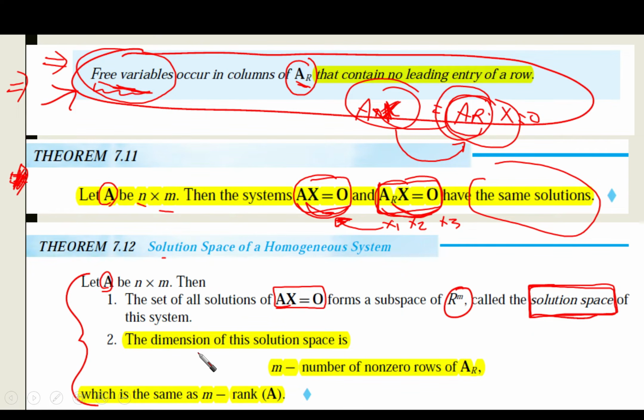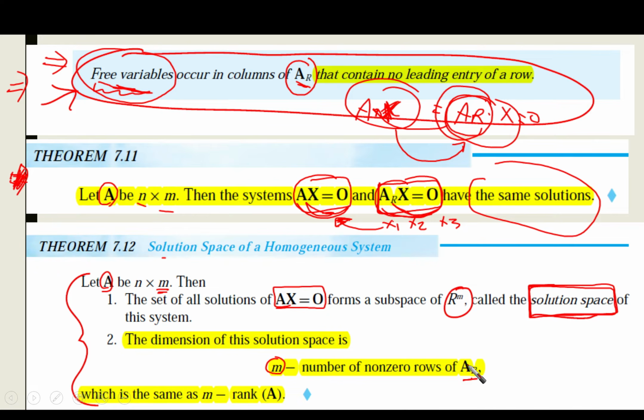The dimension of this solution space is m, which is the number of columns in the coefficient matrix, minus the number of non-zero rows in AR. Again, we are talking about the AR and the number of non-zero rows.